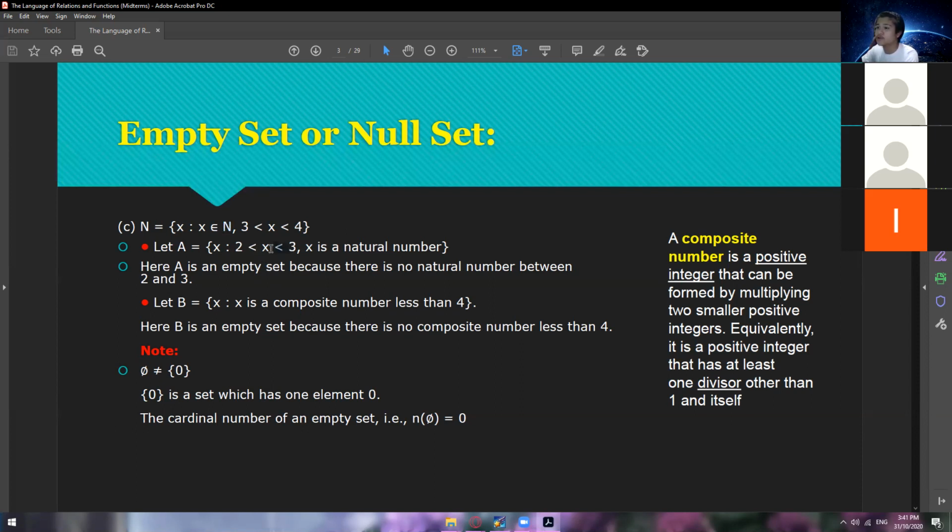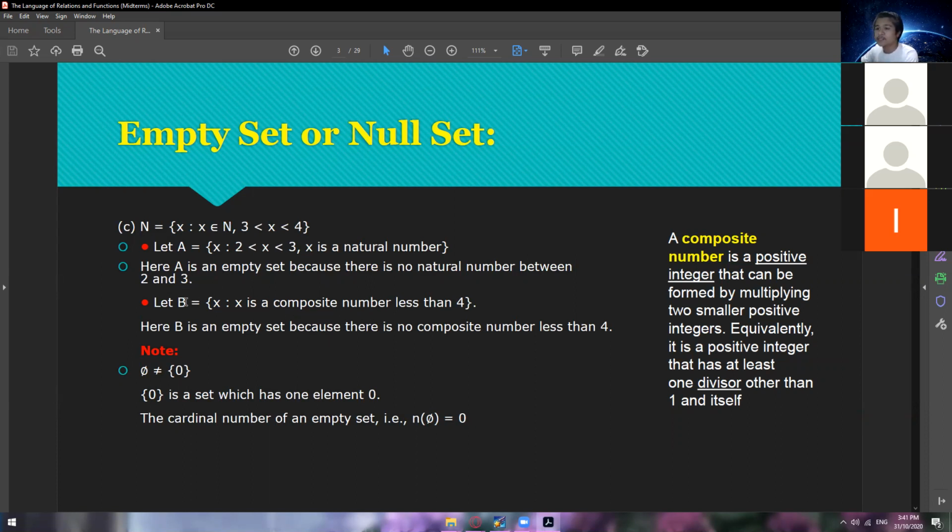So kung titignan nyo to, itong set na to doesn't contain anything. Okay, because we're only going to consider the natural numbers. Okay, other than that will not be accepted, like rational numbers or a number with a decimal. Okay, so here A is an empty set because there is no natural number between 2 and 3. Okay, so meron tayong ibang number but it is not a natural number.